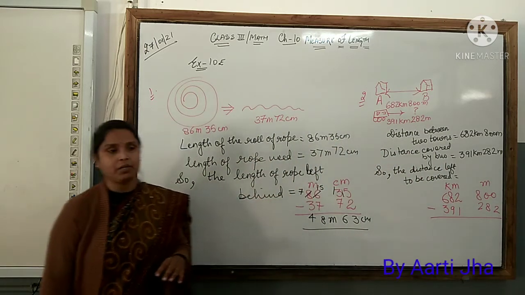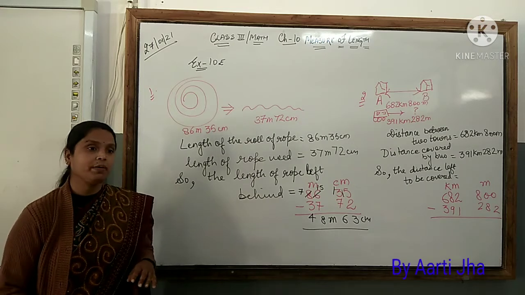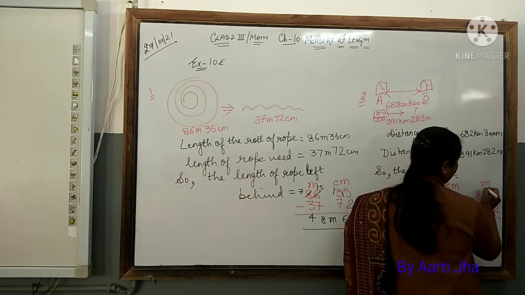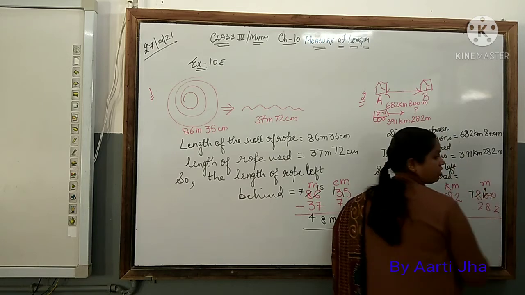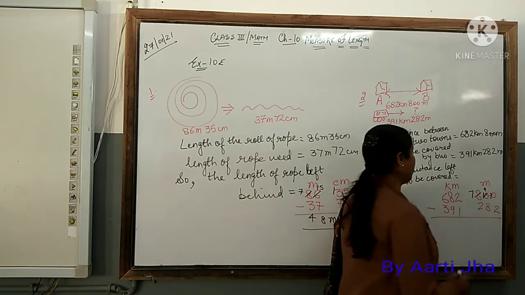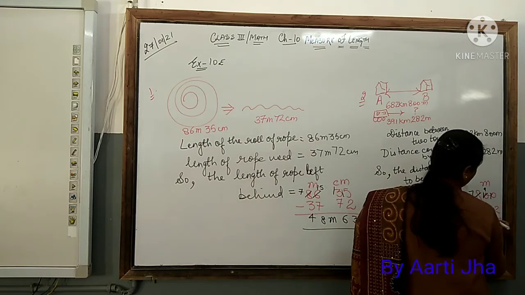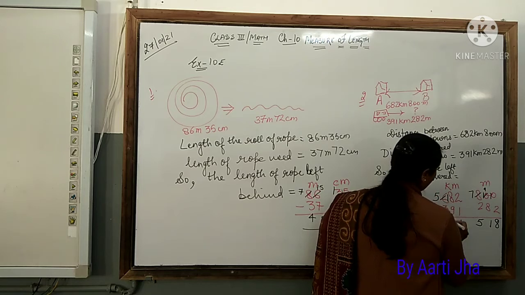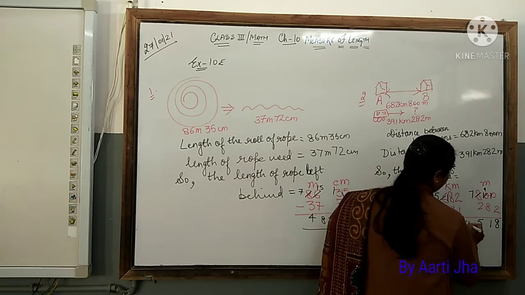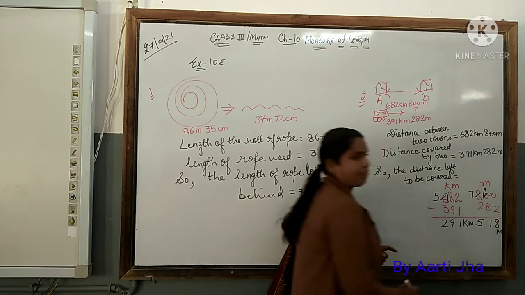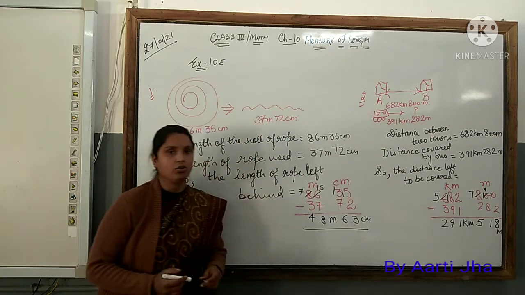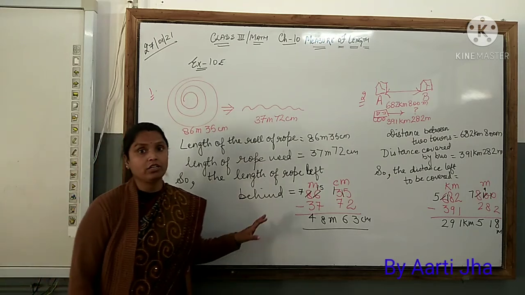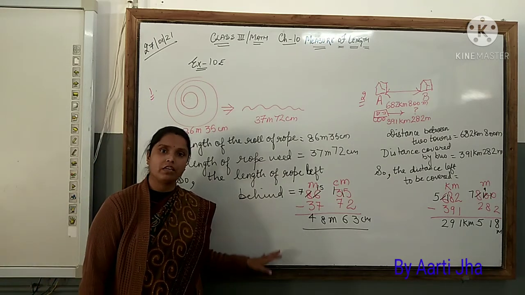When we are doing the subtraction, you will be taking the borrow. This borrow will be taken from here. Since 0 cannot give the borrow, you will take from the neighbor digit. This becomes 8, 1, 5, 1. This is how you will do the subtraction, children, by taking the borrow. And once you have done the subtraction, write down the units. Okay, this is how you will do the subtraction for the numbers given.